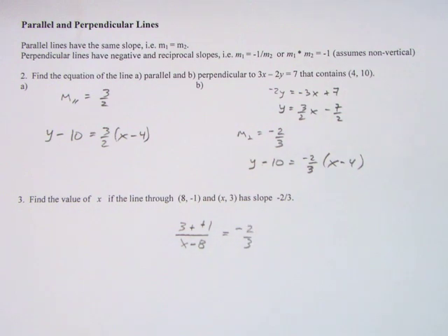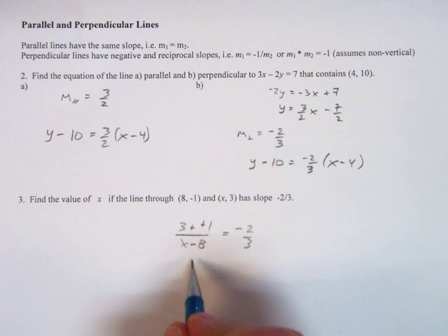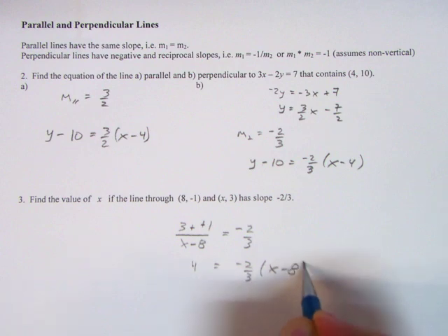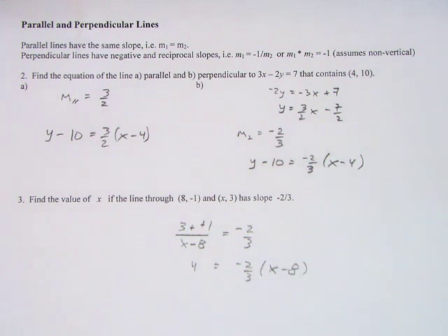To solve this, we'll have 4 over x minus 8 equals negative 2/3. Now there's a bunch of different ways you can go about this. You can multiply it out. I'm going to multiply by the reciprocal of negative 2/3 because that way I'll have just 1x here, and then the minus 8, and that'd be easy to get rid of.